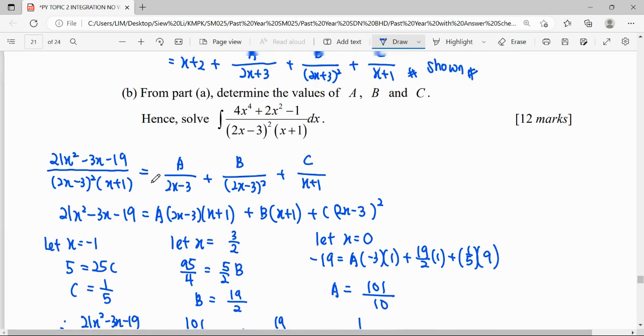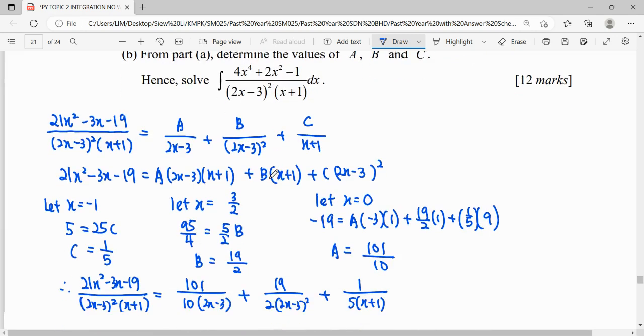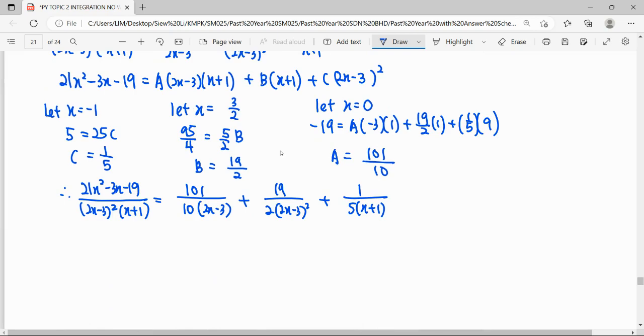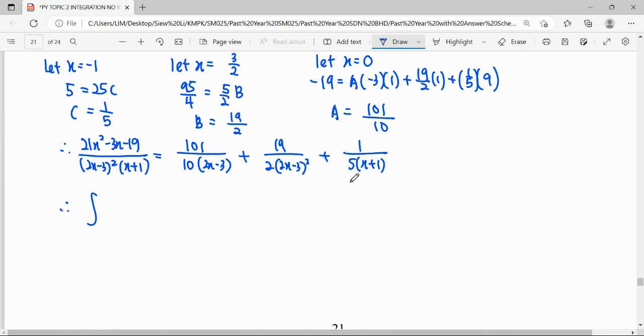So the next part we're going to find the integration of this fraction. It will be equivalent to integrating our result of long division where our A, B, C are already found. So it will be equal to integrating x plus 2 plus these partial fractions.